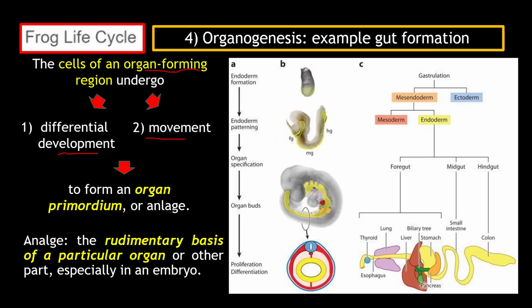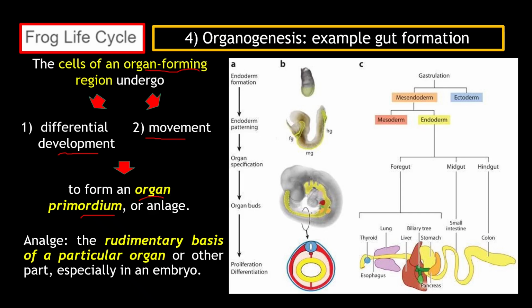There will be movements affecting that, and they will create each one of the organs, and at the end of this process the organism will be functional, in the case of the frog, to start the process of metamorphosis.